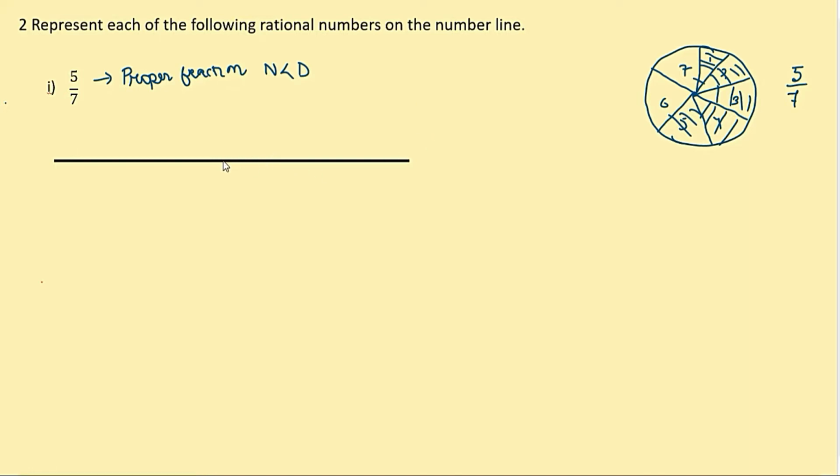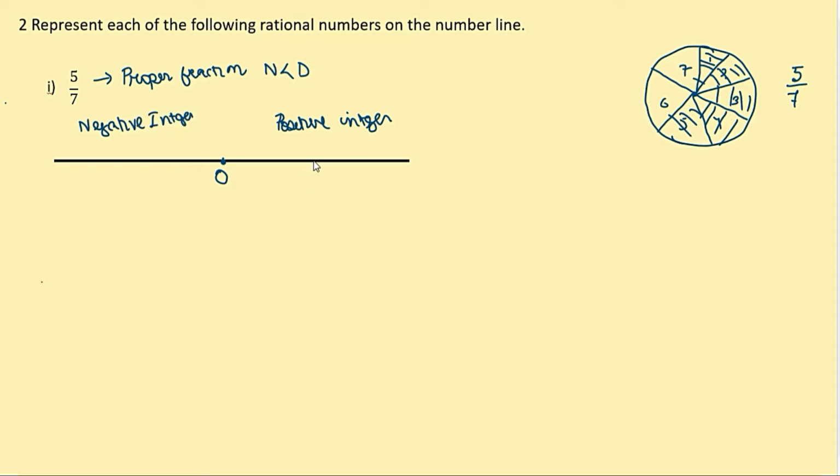So the basic concept of number line is that at the center 0 should be placed, and to the right hand side the positive integers should be placed and to the left hand side the negative integers should be placed. Okay.